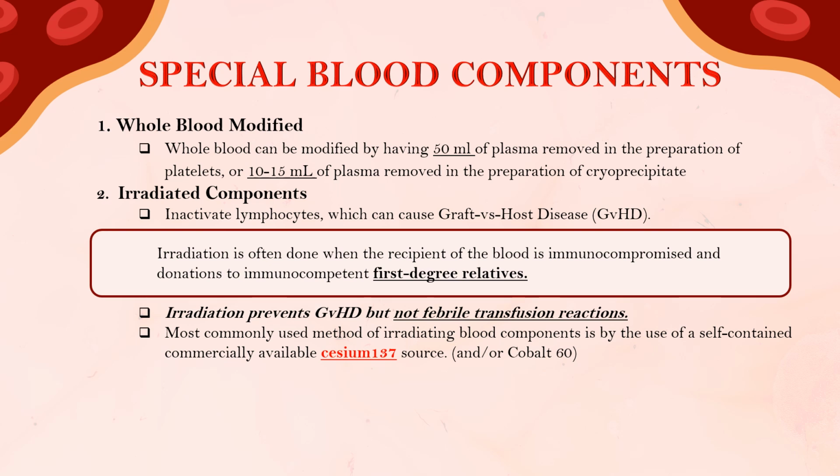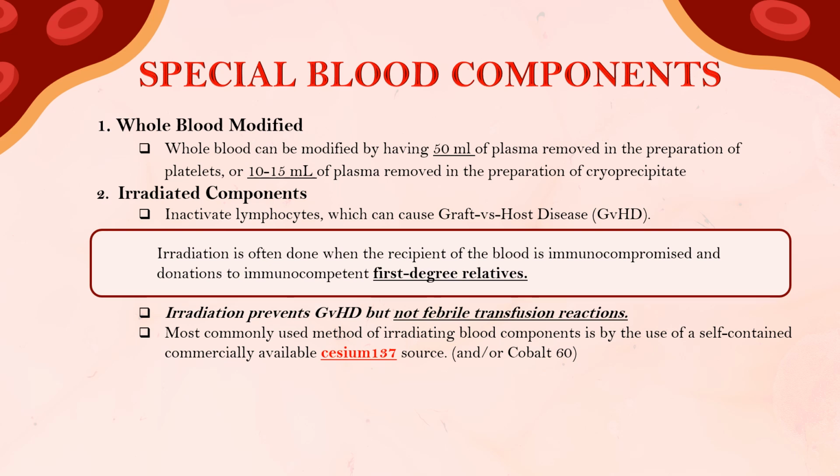So, irradiation is performed in order to inactivate the lymphocytes, which can cause graft versus host disease or GVHD. However, it cannot prevent febrile transfusion reactions. I mean, the irradiation of components does not prevent febrile transfusion reactions.